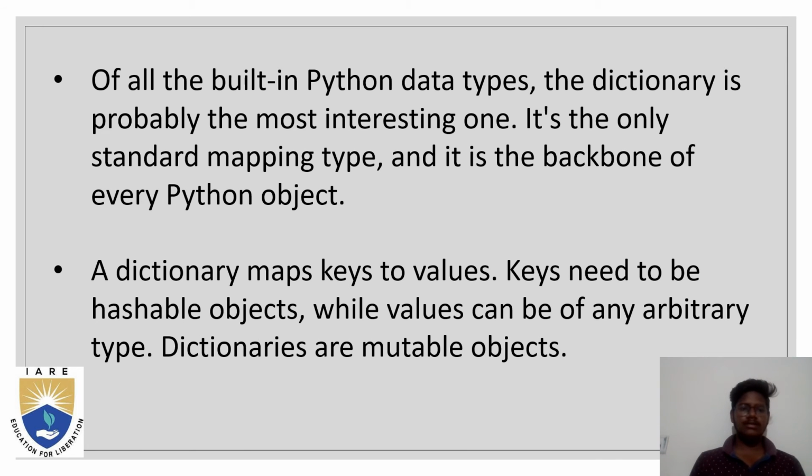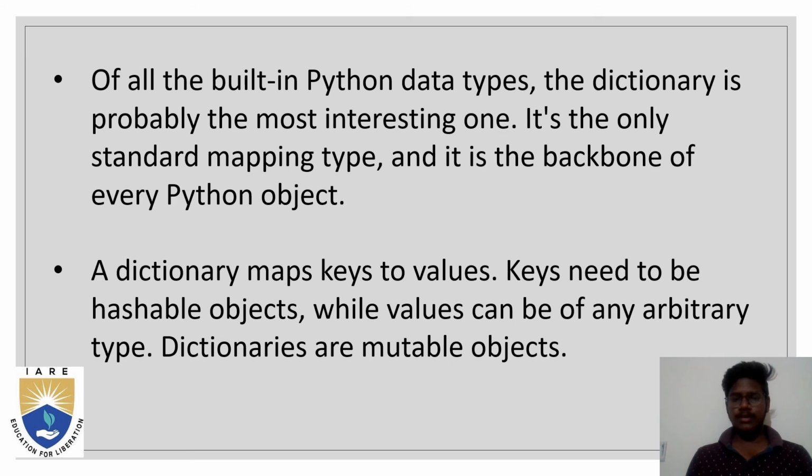And the third one is of all the built-in Python data types, the dictionary is probably the most interesting one. It's the only standard mapping type, and it is the backbone of every Python object. And the next one is a dictionary maps keys to values.